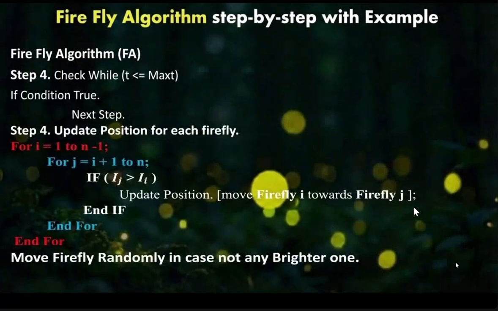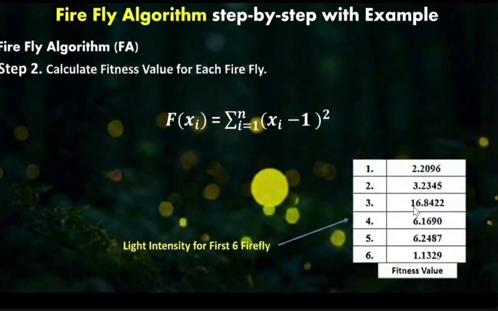Notice that Firefly 6, with a fitness value of 1.1329, is the initial brightest among the group, while Firefly 3, with the least brightness of 16.84, is the least bright one. So the next step is to check and prepare for update.